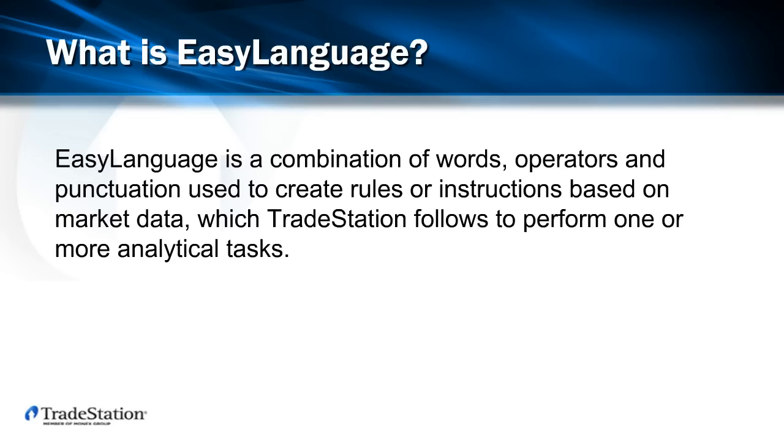When you start combining these words and operators and punctuation, you're going to start writing instructions that TradeStation is going to follow. Once those instructions are mixed with market data, which we already provide you with on charting and radar screen, once you combine EasyLanguage with data, then you get EasyLanguage responding to your instructions.